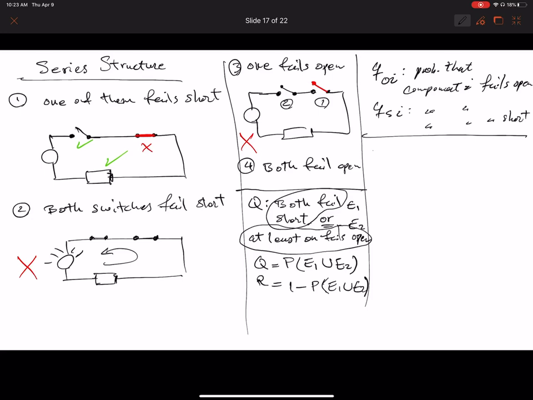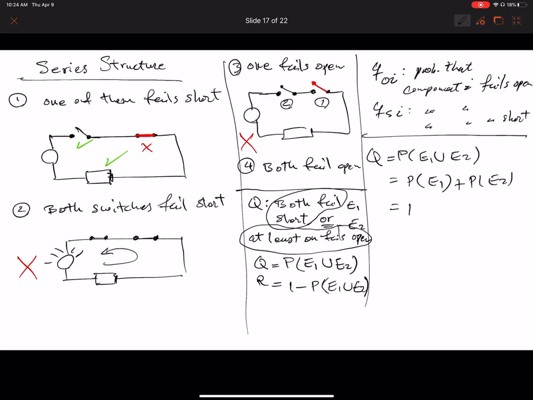From there, what is Q? Q is P of E1 union E2. I can rewrite that as P of E1 plus P of E2, and P of E1 itself was both failing short.